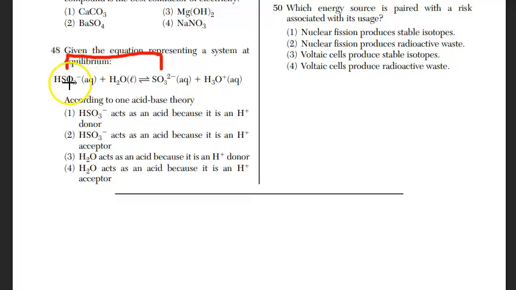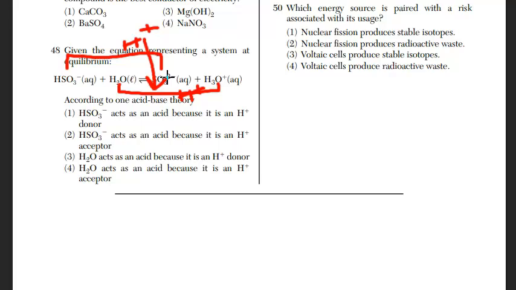So the combo here, better known as a conjugate pair, is between the HSO3 minus and the SO3 2 minus. What's the difference between the two? Well, guess what? The H plus has been donated. Where did it go? It had to go to the H2O. H2O went to H3O plus, and we added an H plus. So the H plus from HSO3 went to H2O to make H3O plus.